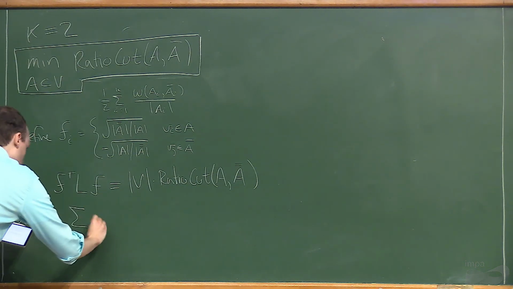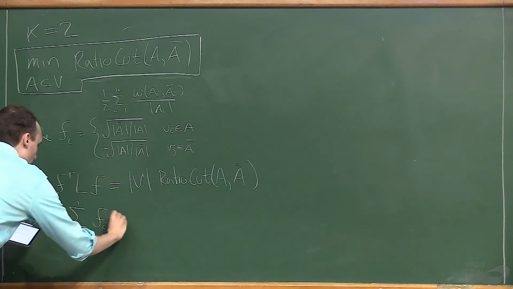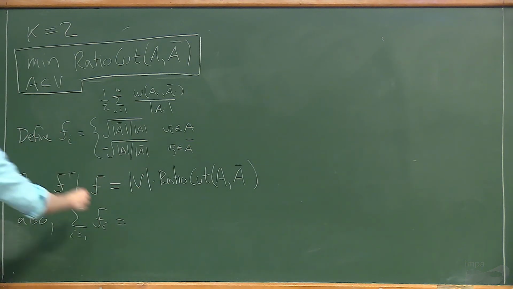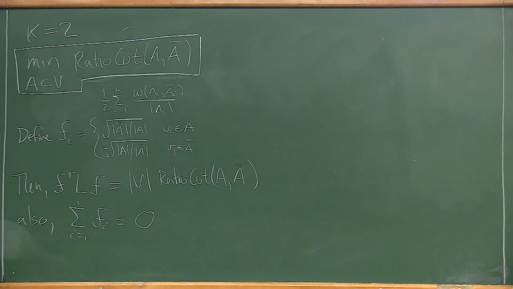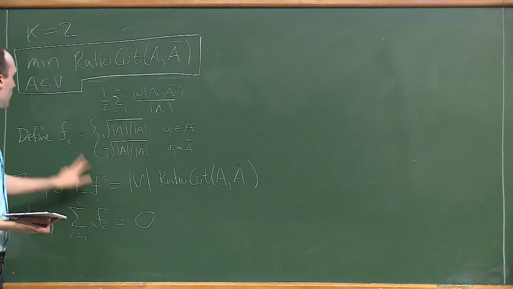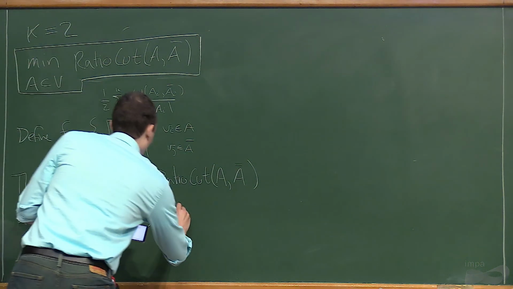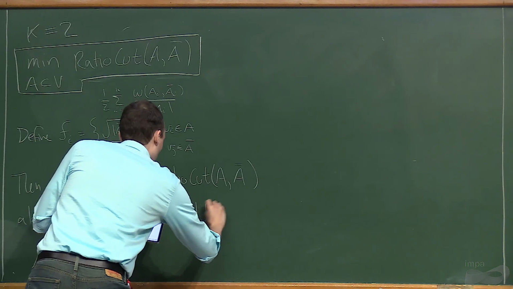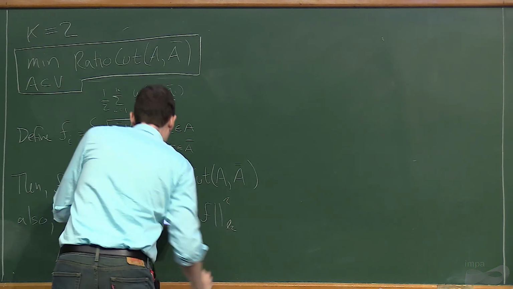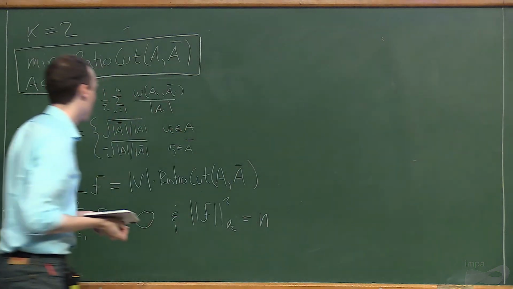Furthermore, if we just sum over the elements in this vector that we've constructed, we get cancellation, so the elements of this vector sum to zero. Furthermore, the squared L2 norm is equal to n, the number of nodes in our graph, which is exactly the cardinality of V.